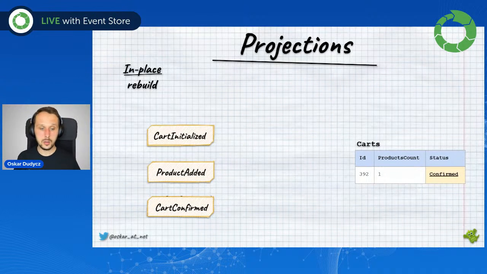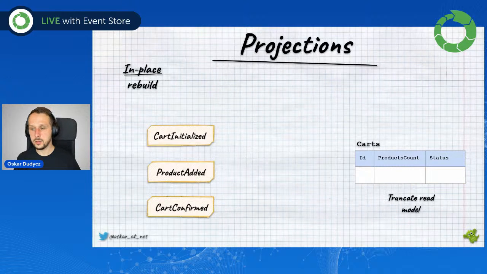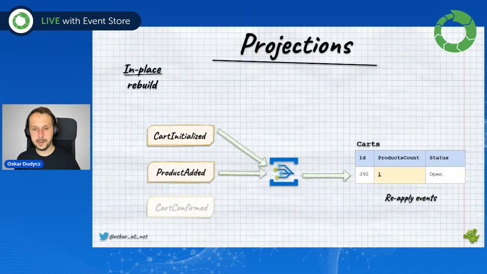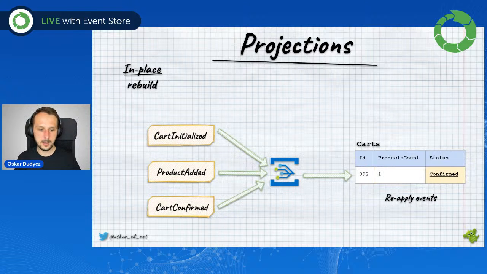We can do it in two ways, the two most popular ones. One is the in-place rebuild. We truncate our current read model, and then reapply all of the events with the new logic to fix our read model.